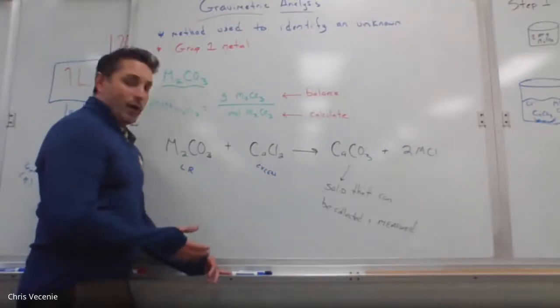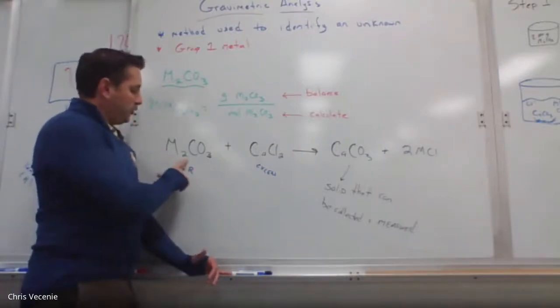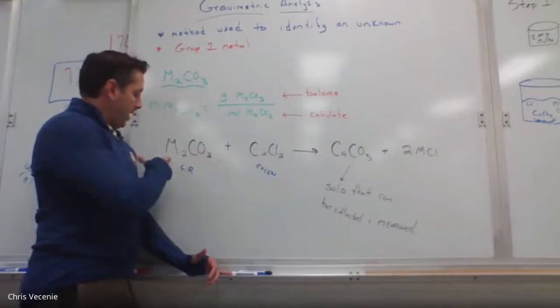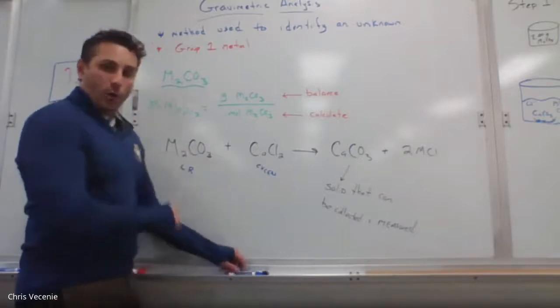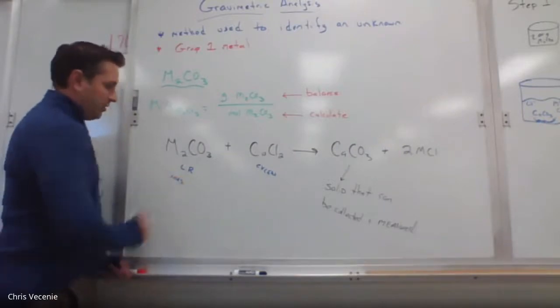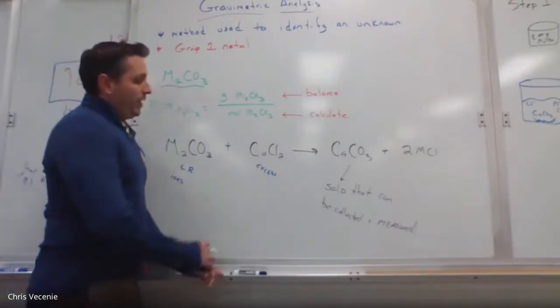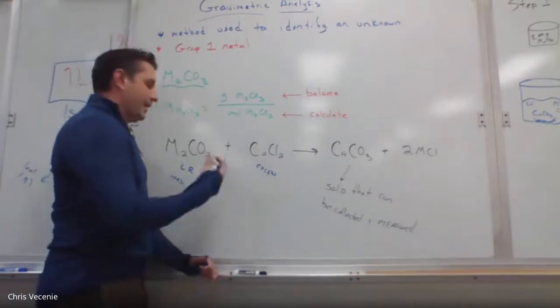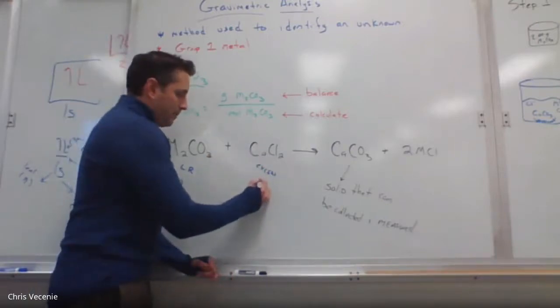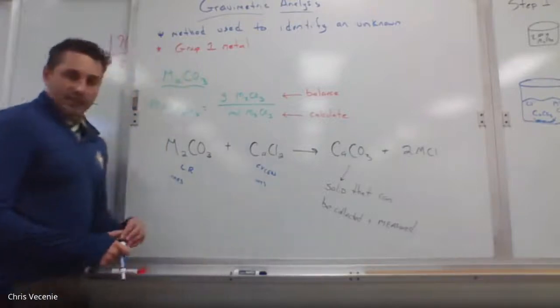So if we take a reaction, for instance, M2CO3, our metal carbonate, which is soluble because group 1s are always soluble, this guy lives as ions in solution. I'm going to put it with calcium chloride. Again, group 17 is soluble, and calcium is not an exception, so it's going to live as ions.